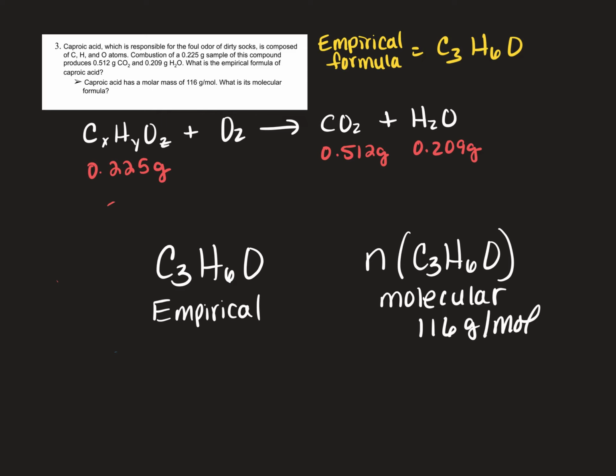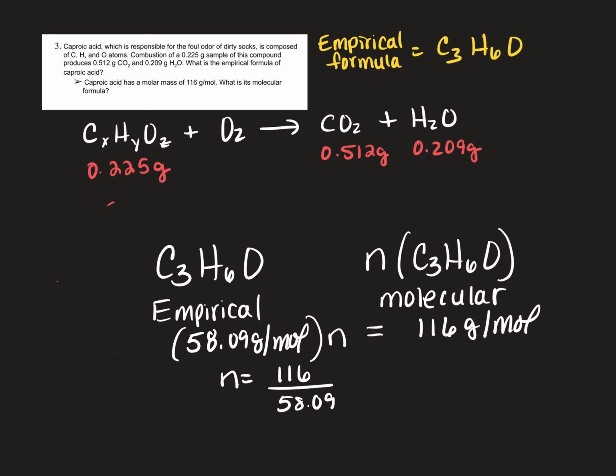And I get a molar mass of 58.09 grams per mole for the empirical formula. So I have to figure out by what multiple I need to multiply this in order to get 116, because then this is going to be whatever that n value is. So my n value is going to be 116 divided by 58.09, which is going to give us 2.